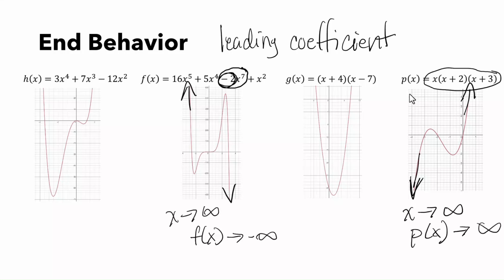Just look at what's the sign going on in the front here. There's nothing written there, so we know automatically that means positive. So with a positive leading coefficient, the end of your graph goes to positive infinity. If it has a negative leading coefficient, the end of your graph is going to negative infinity.